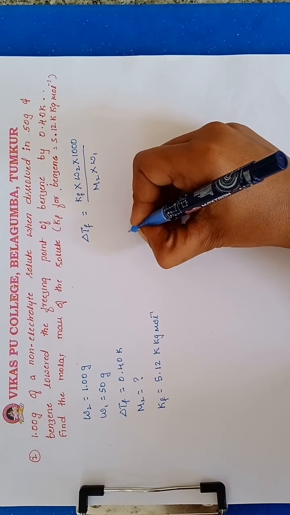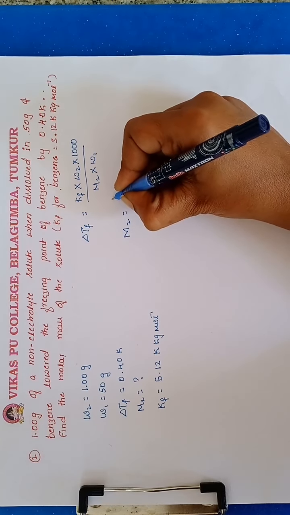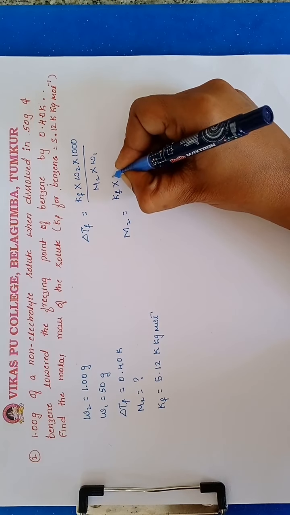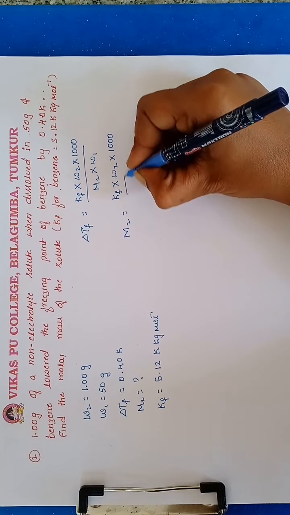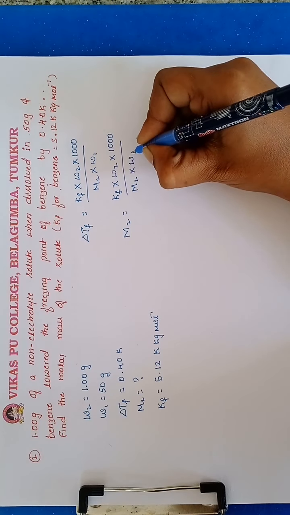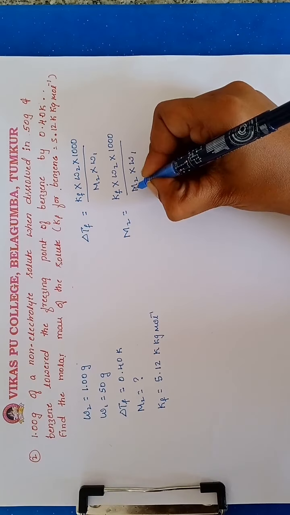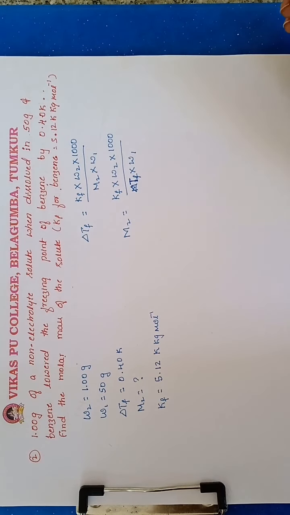That's why we need to rearrange the formula: M2 is equal to KF into WO2 into 1000 divided by delta TF into WO1.